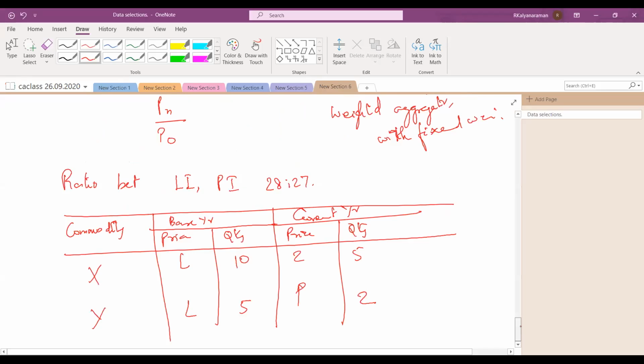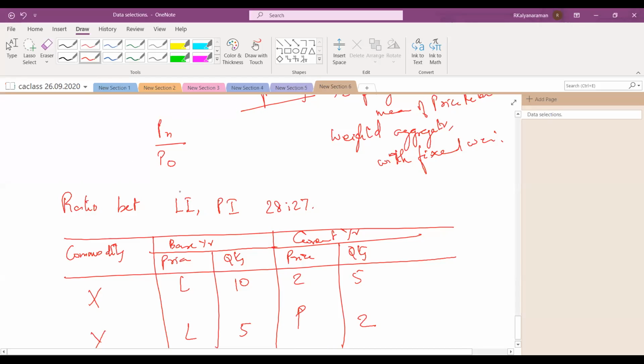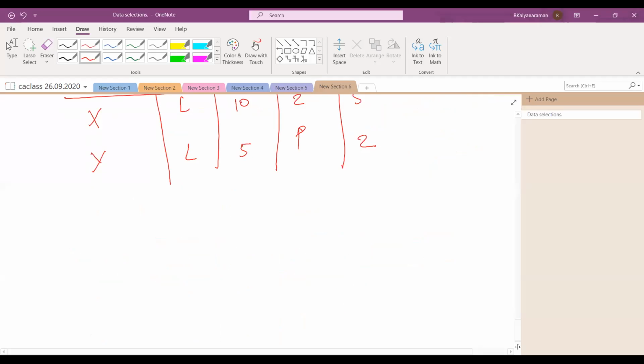I hope you all understood the question. The ratio between the Laspeyres price index and the Paasche's index is given by 28:27. So first we need to know what is the Laspeyres price index calculation, and we should know what is Paasche's index.